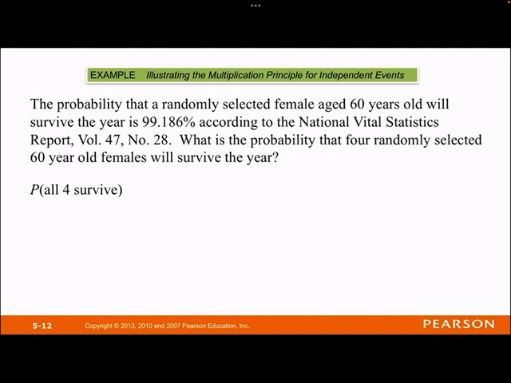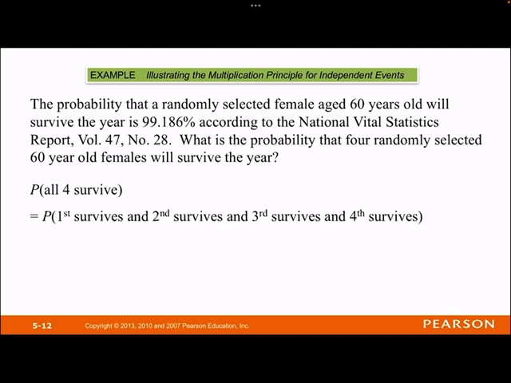Here's an example that deals with more than two things happening at the same time. We're going to go back to our females surviving. The probability that a randomly selected female aged 60 years old will survive the year is 99.186%, according to the National Vital Statistics Report. What is the probability that 4 randomly selected 60-year-old females will survive the year? We want the probability that all 4 will survive.